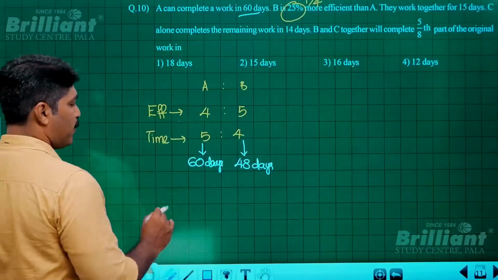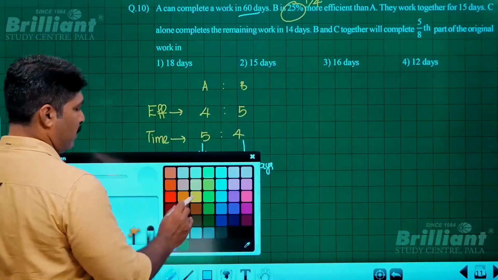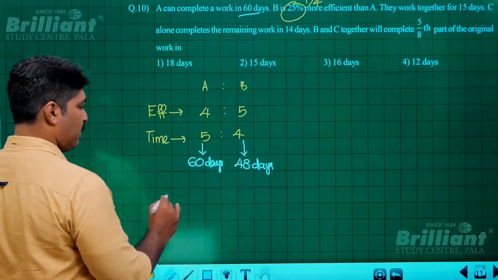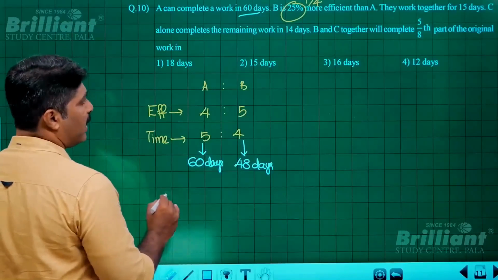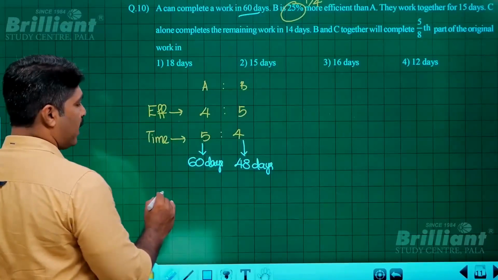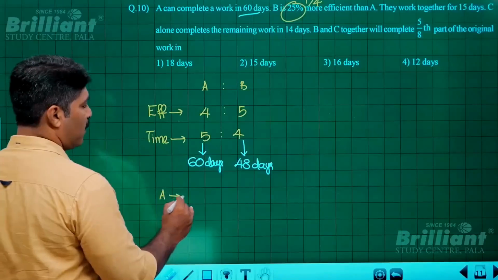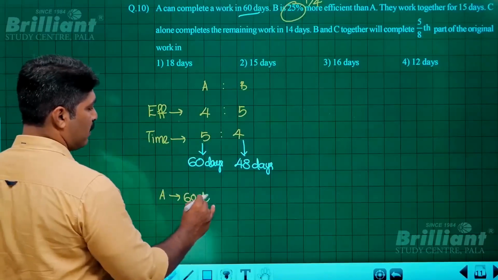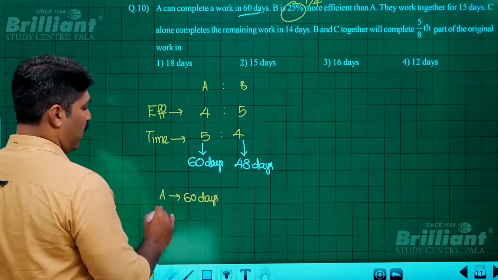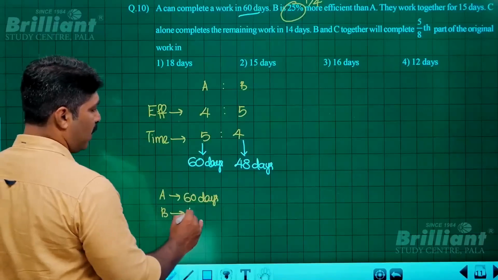After this step, we rearrange the data. Here, A alone requires 60 days and B alone requires 48 days.